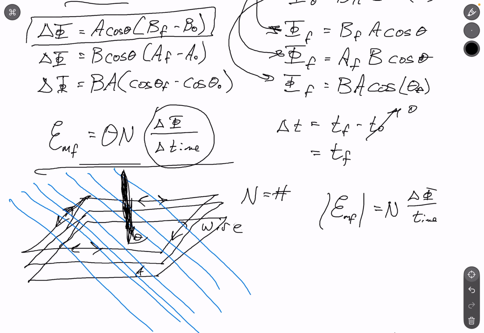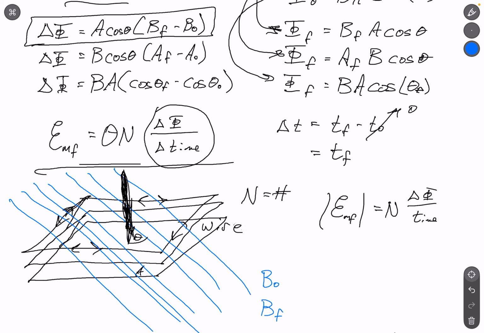So essentially, I have to have an original B field and a final B field sometime later. All right, so we have an original and a final, and all it does is get stronger and weaker, or weaker and stronger, however you want to think about it. But that's going to be our B.